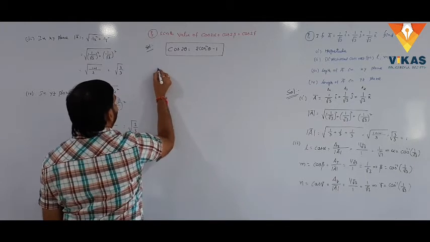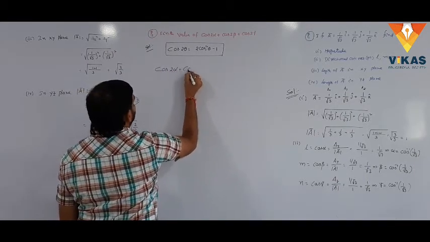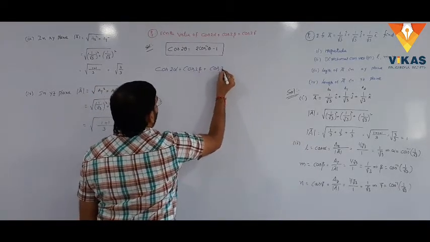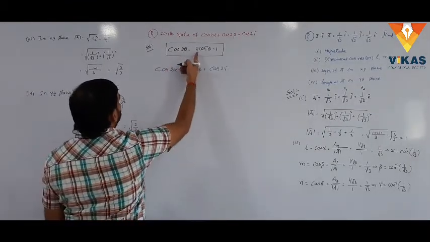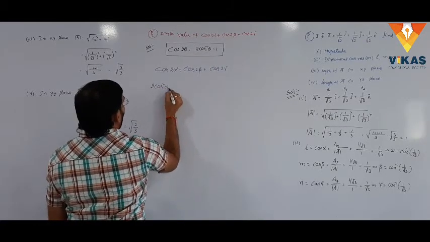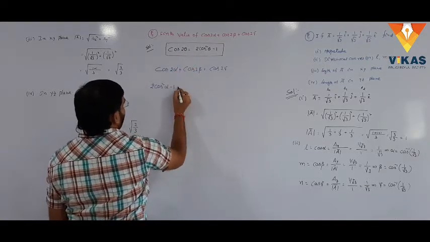How to calculate the value of cos 2 alpha plus cos 2 beta plus cos 2 gamma? We take cos 2 alpha plus cos 2 beta plus cos 2 gamma. Here cos 2 theta means 2 cos square theta minus 1, like 2 cos square alpha minus 1, instead of theta, alpha is there.